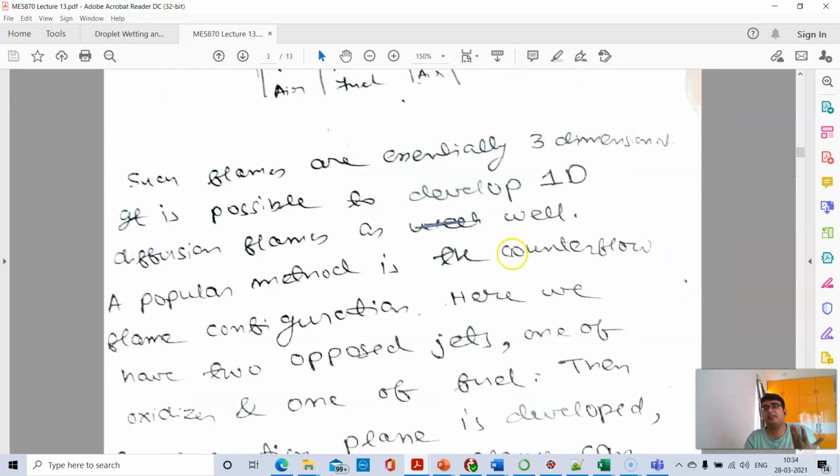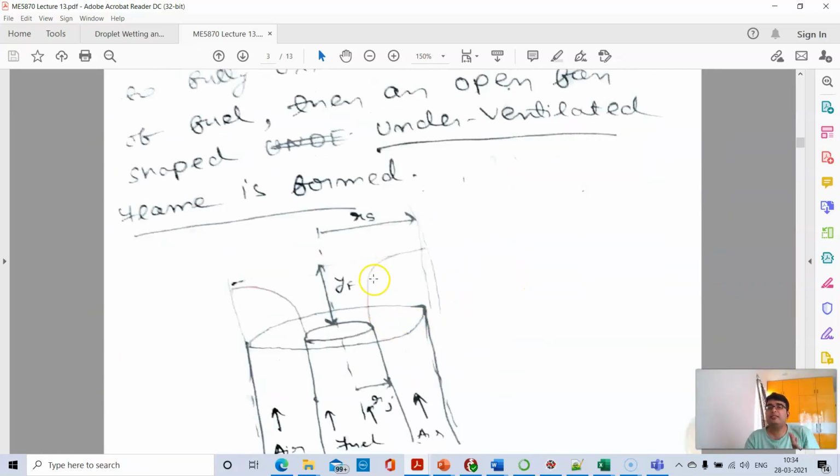Now what determines where this flame surface is going to be? If you remember, in the premix flame conditions, the flame surface location was determined by the balance between the laminar flame speed and the unburned gas velocity. It was inclined in cases where the laminar flame speed was lesser than the unburned gas velocity.